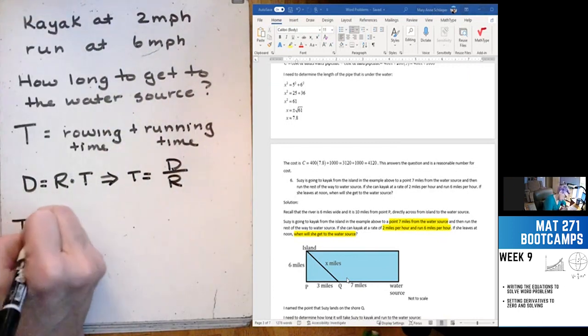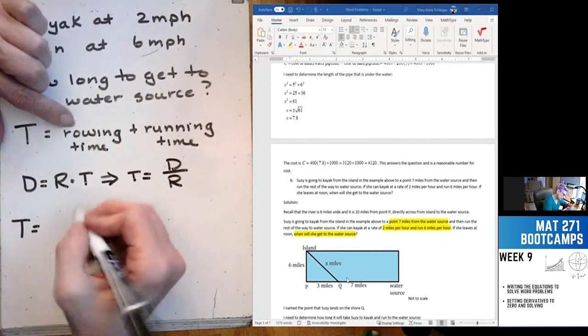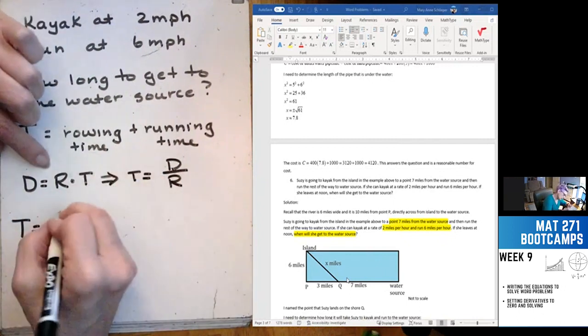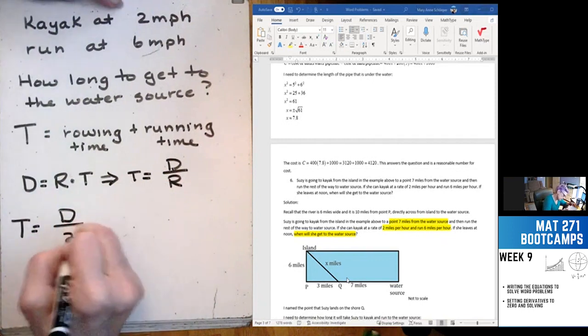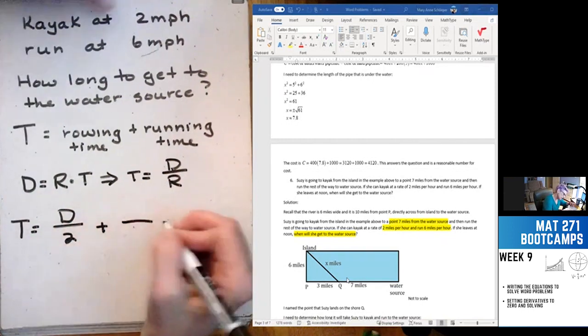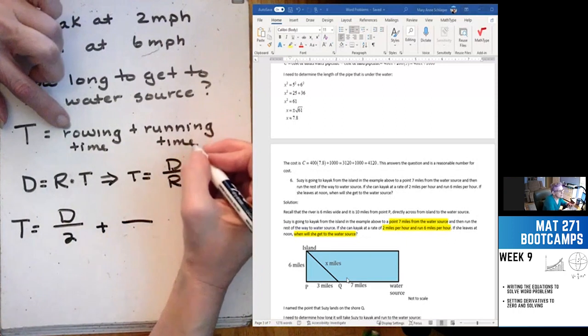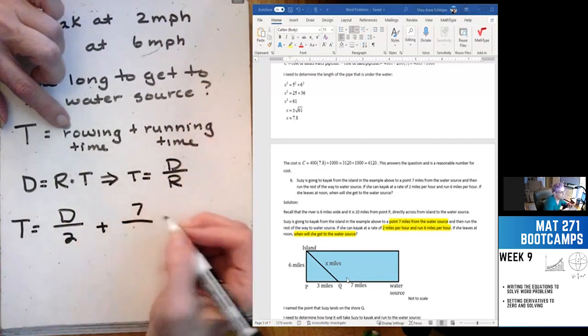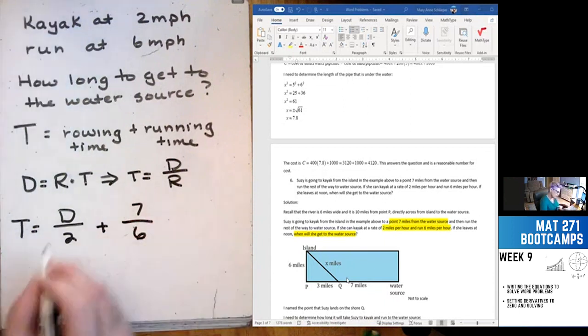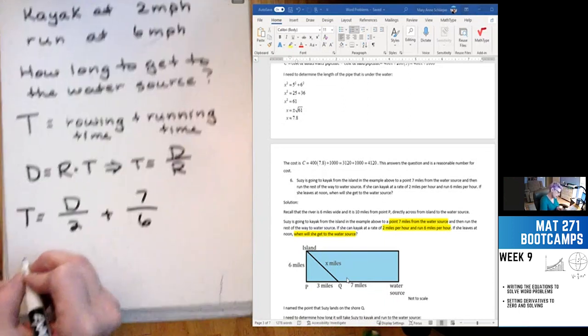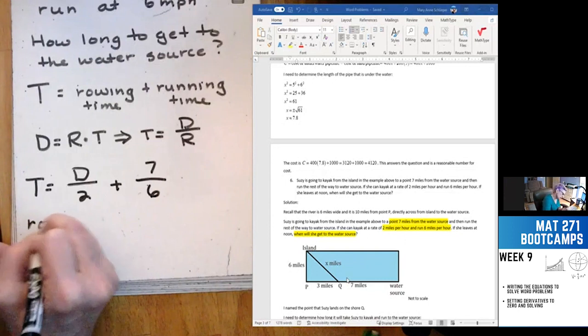So time would be equal to the rowing distance over rowing rate plus running distance, and we already know that one, over running rate, which is 6. So all we need is the rowing distance.